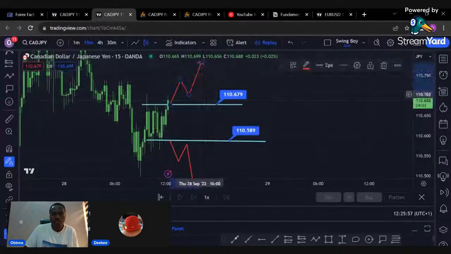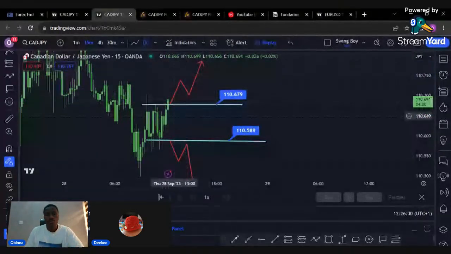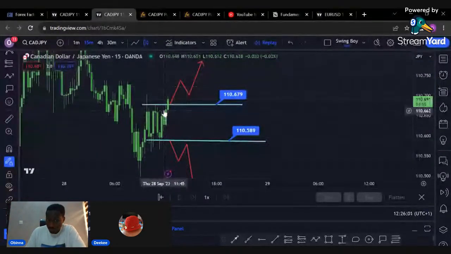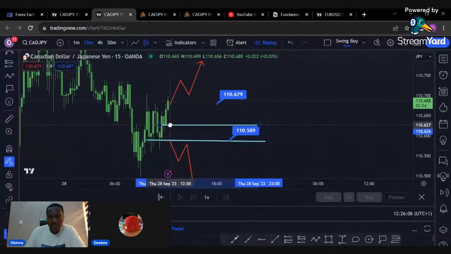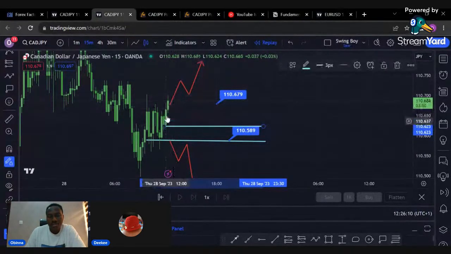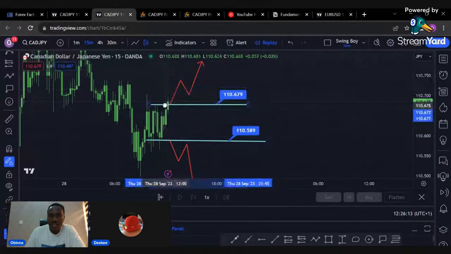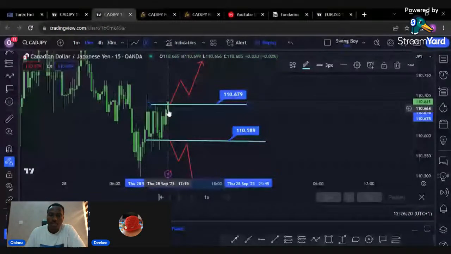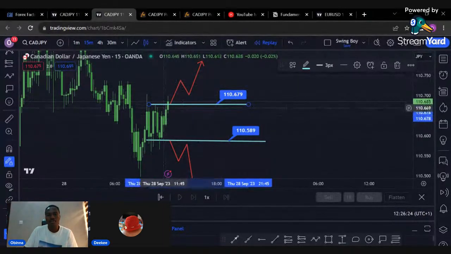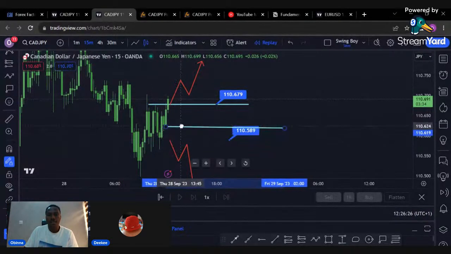But for someone who is more advanced, there's a new higher low that is formed here. So this is an opportunity for someone to take trades. But for me, as long as this place is not broken, I won't be taking trades here. I'll just stay out. But there is a higher low that I just formed here.